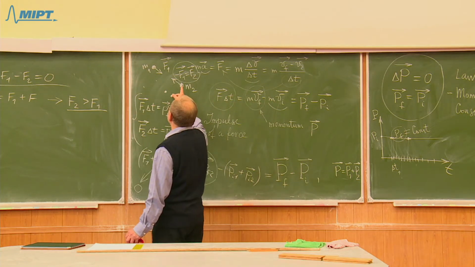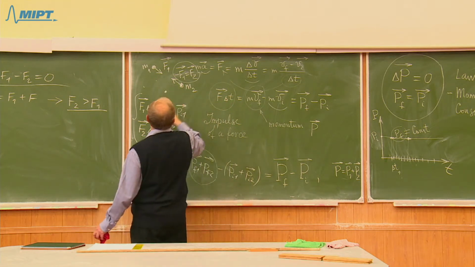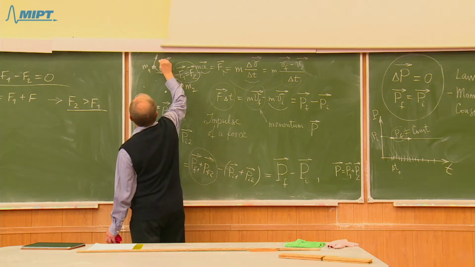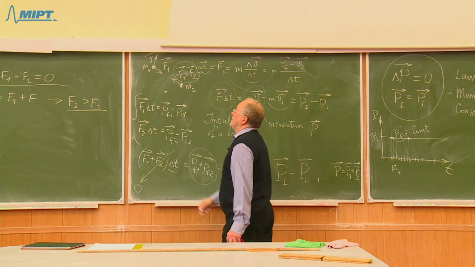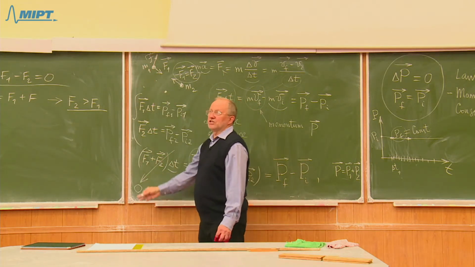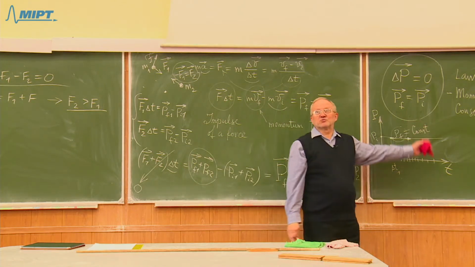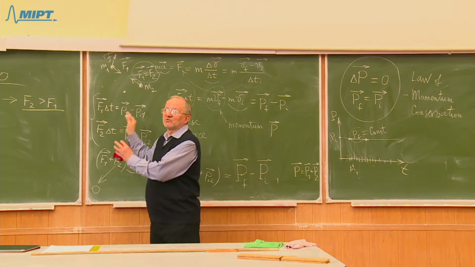But if there is some external force acting on any particle, for example, on this particle, I will pull it myself with some other force, external force. Then this force will not be balanced here. So the law of conservation of momentum holds only when there are no external forces acting on the system of particles.